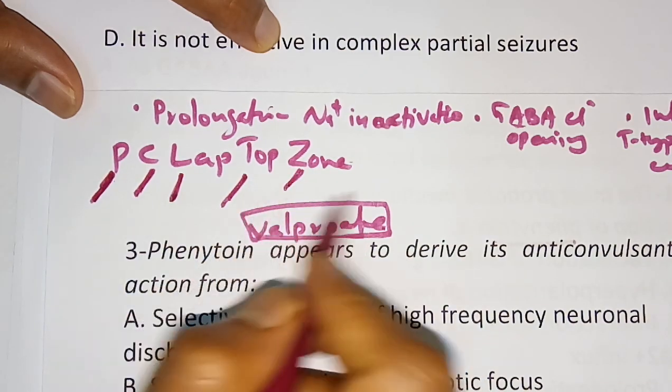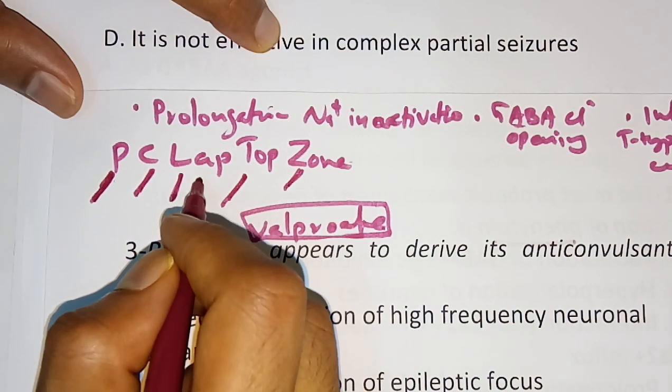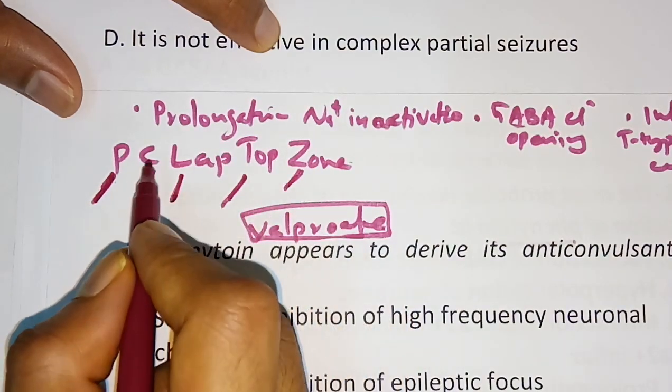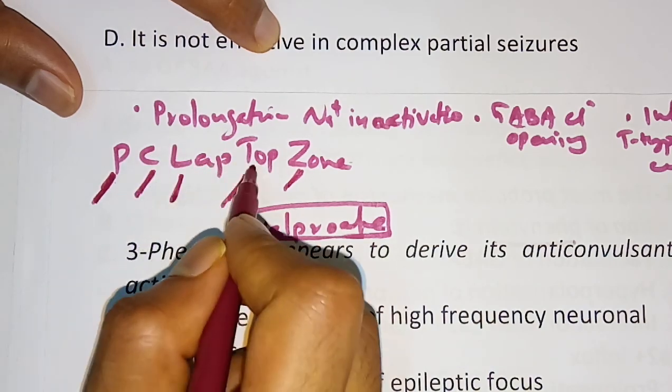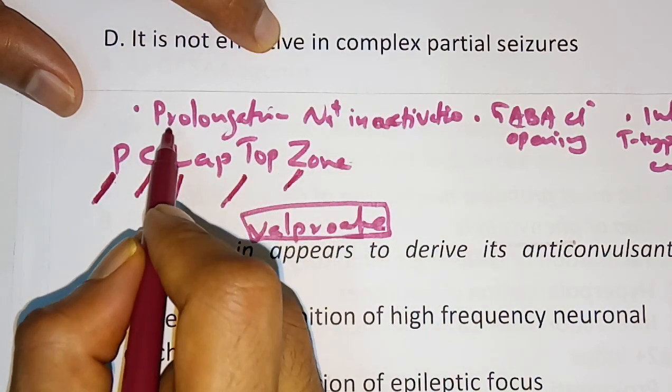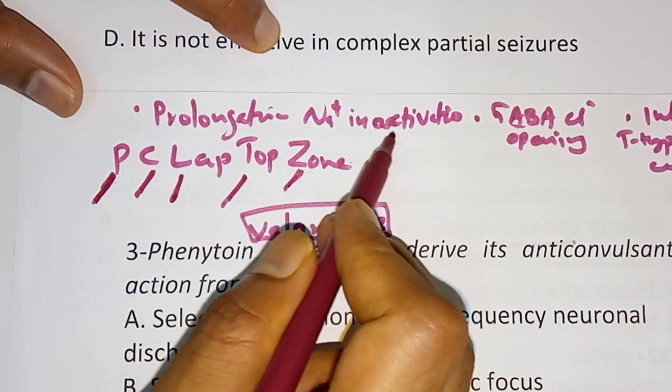Valproate is coming under all the classes, so valproate is also here. So PC laptop zone: phenytoin, carbamazepine, lamotrigine, topiramate, zonisamide. All of these cause prolongation of sodium channel inactivation.